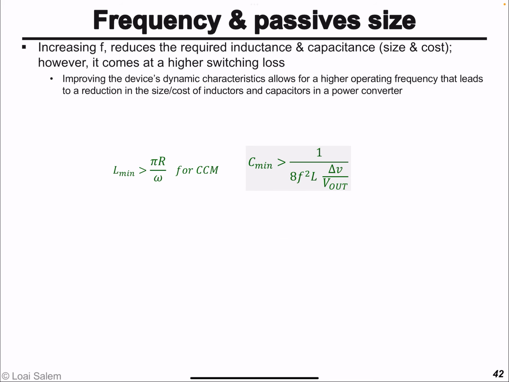So if we recap a little bit, we find that increasing the switching frequency decreases the required inductance, which is good. Increasing the switching frequency reduces the required output decoupling capacitance. However, we know that we don't do that excessively, because increasing the frequency will increase the switching loss of the buck converter or any DC to DC converter.